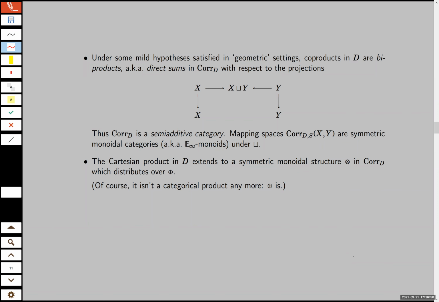When talking about the direct sum in correspondences of D, I'll just refer to it with a direct sum symbol to emphasize the algebraic nature. And it's basically because the inclusion of X, you can just reverse it and consider it as a correspondence in the opposite direction. So the mild hypotheses are that D is sometimes called extensive.